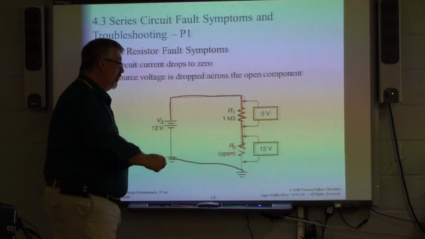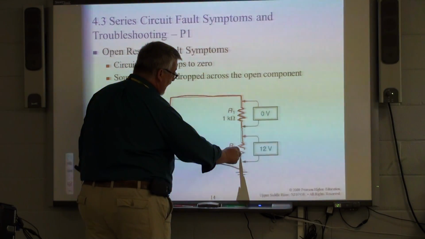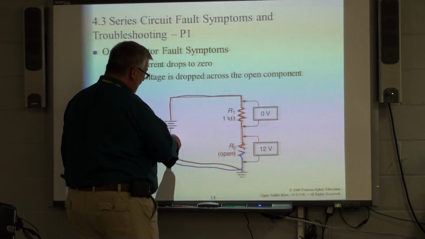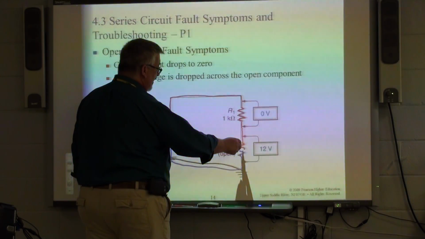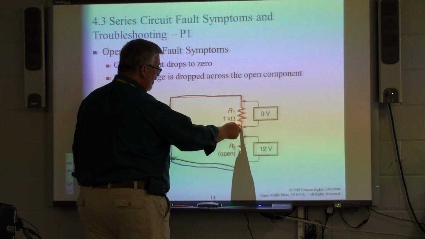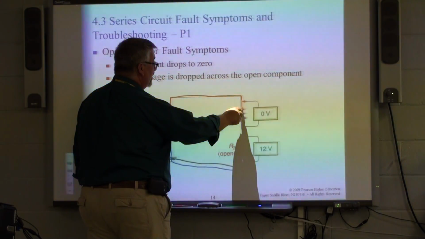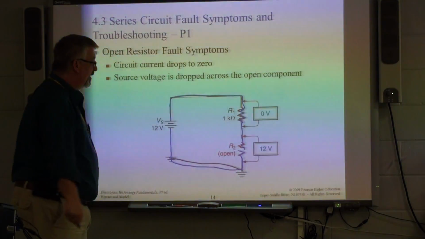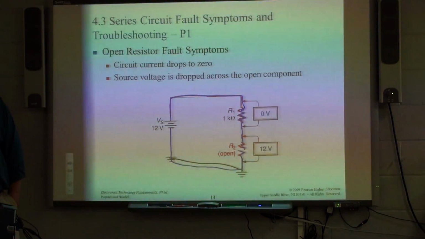And when we put our meter on, we put our negative lead here, it's going through this part of that broken resistor back to here. We put our positive lead here, it's going back through here. This guy's not got any current flowing through it. It's just taking us back to source, and we're gonna read source voltage.